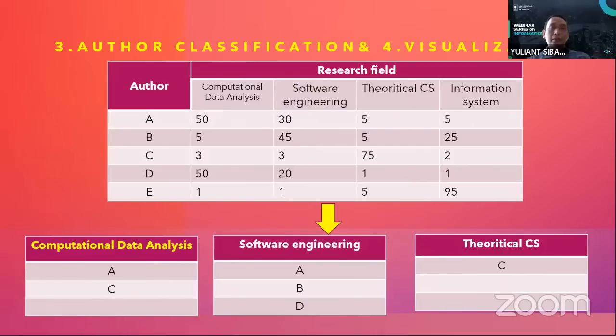And in theoretical computer science is C. There's only C, because only author C has many publications in this field.